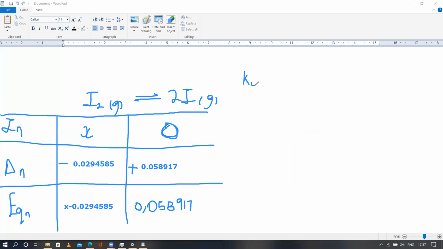So our Kc is equal to the concentration of iodine atoms, the whole thing squared, divided by the concentration of your iodine molecules, and this is gonna be to the exponent 1.